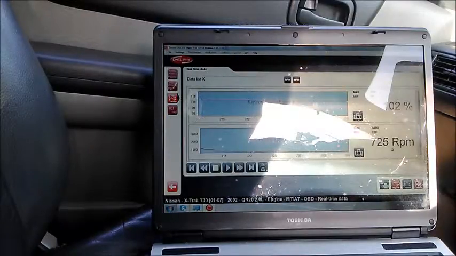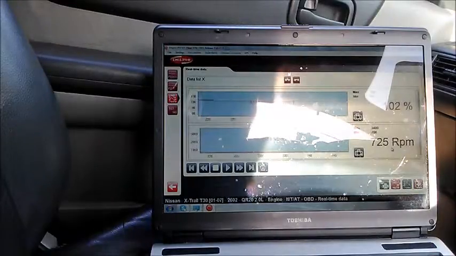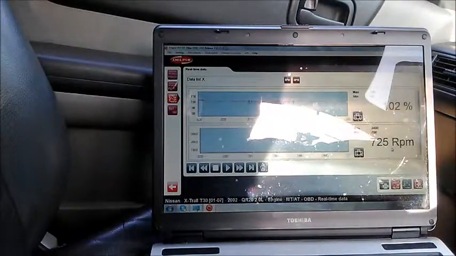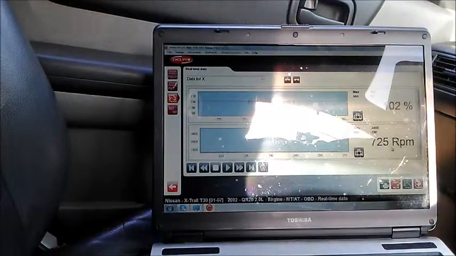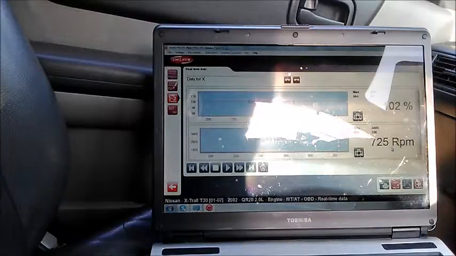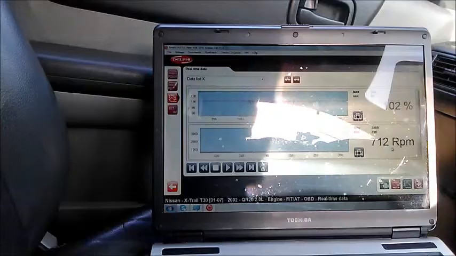I'm hoping I translated this properly. 100% should be very near normal. In fact, 100% is perfect. Over 100%, significantly over 100%, should be rich. Below 100% of the air fuel ratio should mean lean. It's running lean.